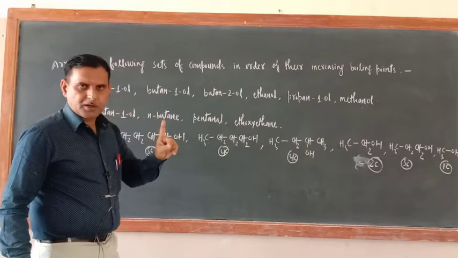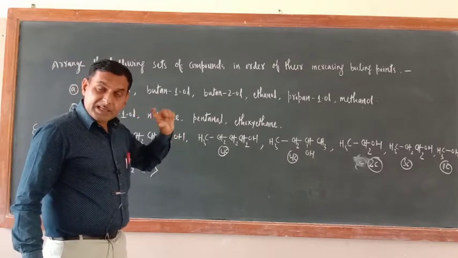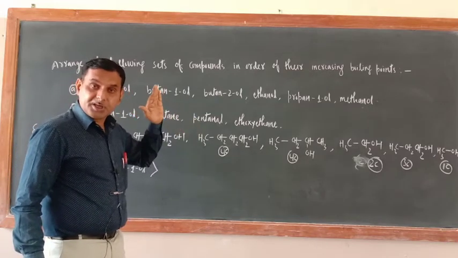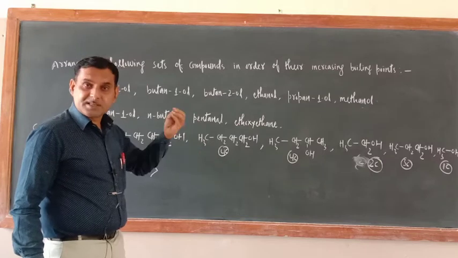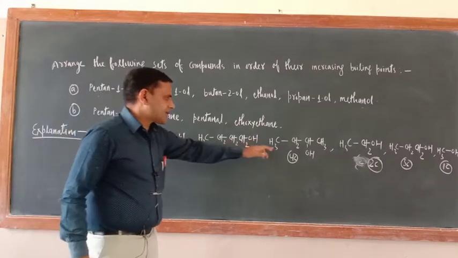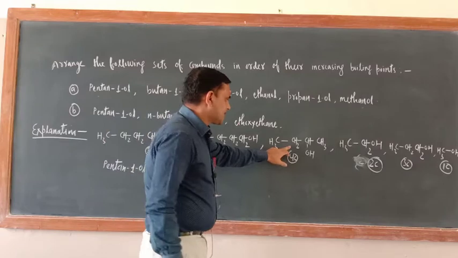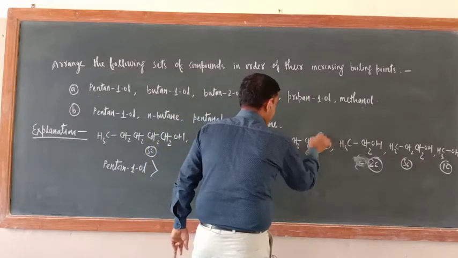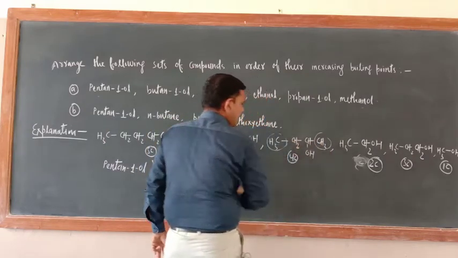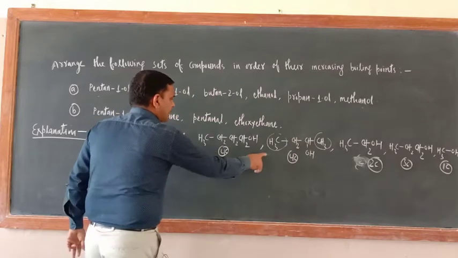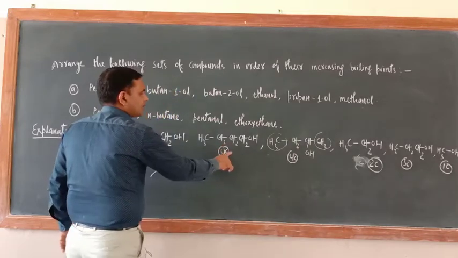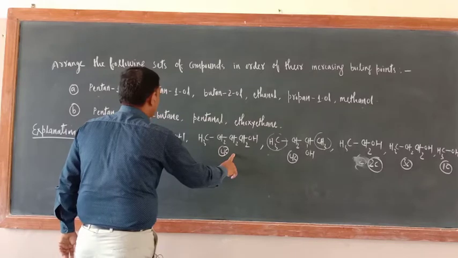One rule I taught you: with the increase of branching, there is a decrease in the boiling point because surface area decreases. This one is branched, so as compared to this one, the straight chain butan-1-ol will have a higher boiling point.